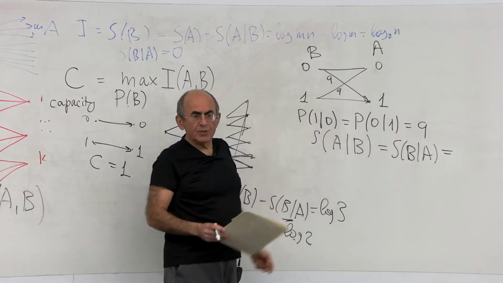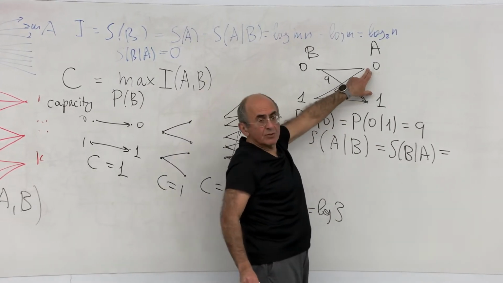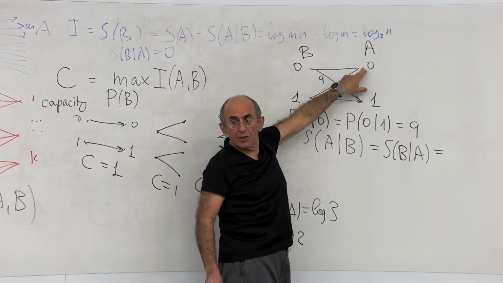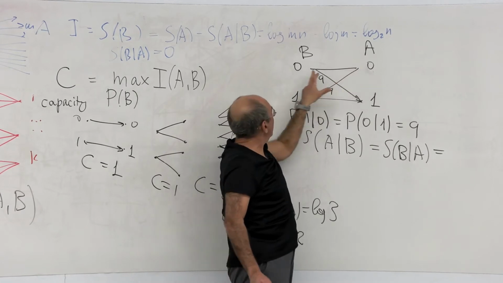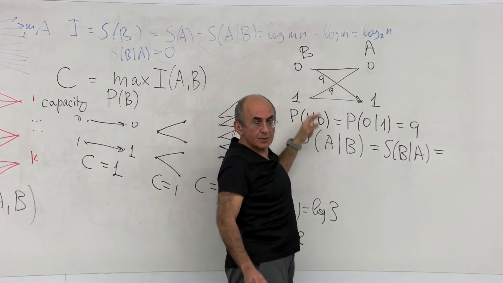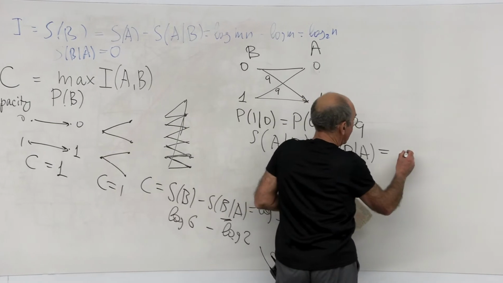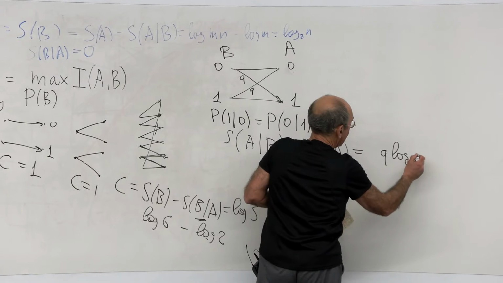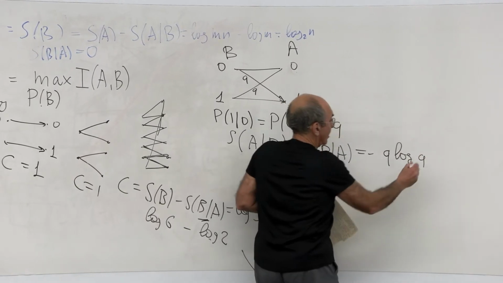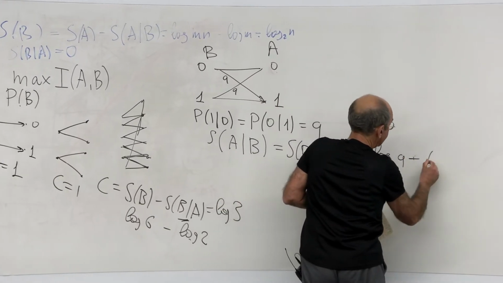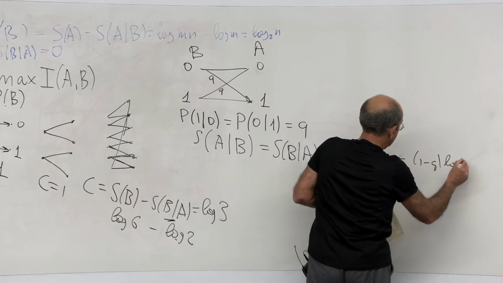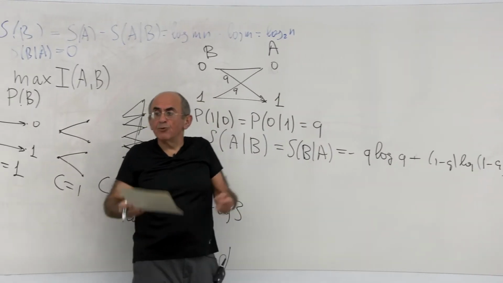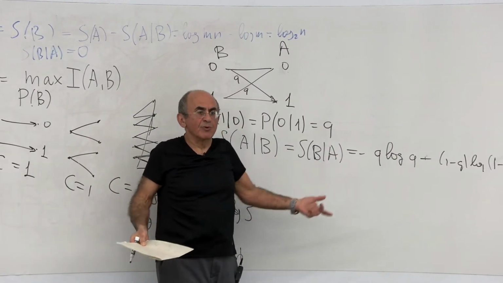If you compute it, it asks, if you fix this, what is your degree of uncertainty? Well, you have two possibilities, right? With probability Q, you have log Q, and with probability 1 minus Q, you have log 1 minus Q. That's your two possibilities, and that's the entropy of this distribution.